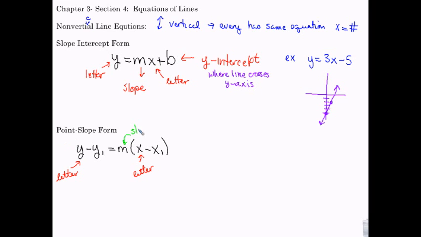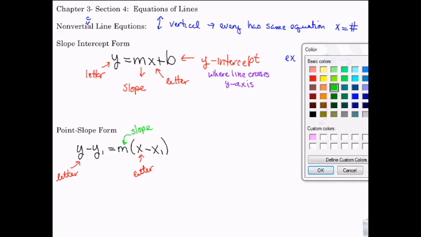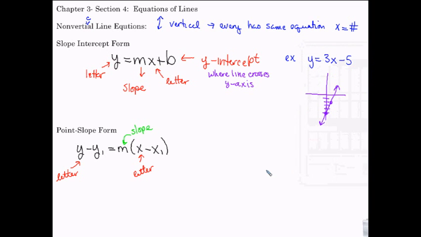M is your slope. Can you guys read that? Green, is it okay? And then this x1 and y1 is a point on the line. And it can be any point on the line. So this is a number, and this is a number.